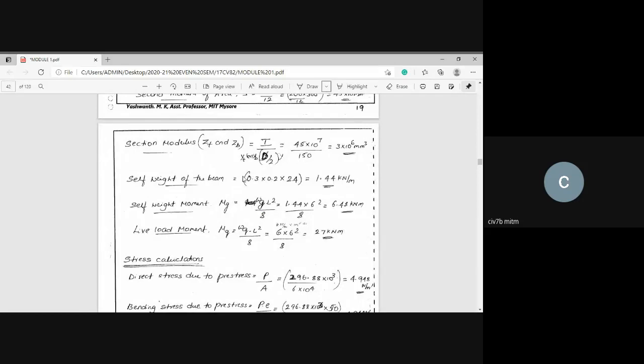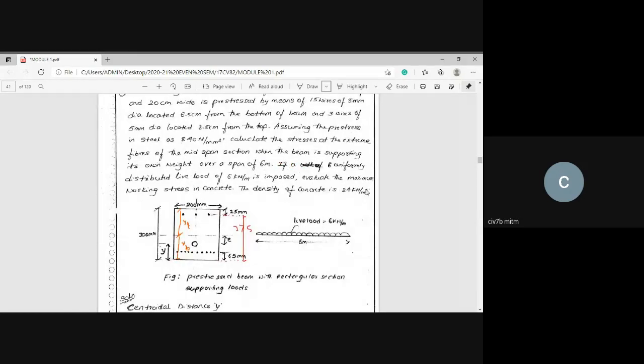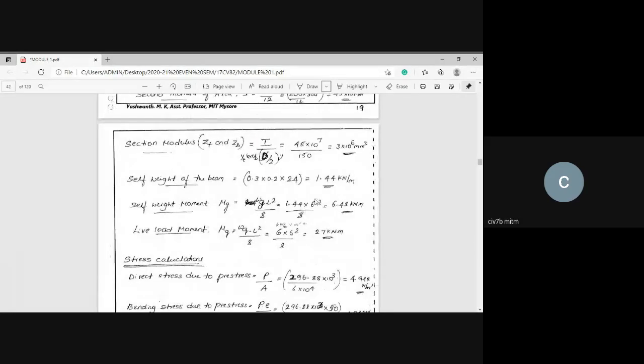That is 0.3 is the overall depth, 0.2 is the width of the beam, which is in meter, into 24 kilonewton per meter cube. Since in the problem they have given 24 kilonewton per meter cube, you consider that. If it is not mentioned, you can consider 24 or 25, better you consider 25 kilonewton per meter cube.